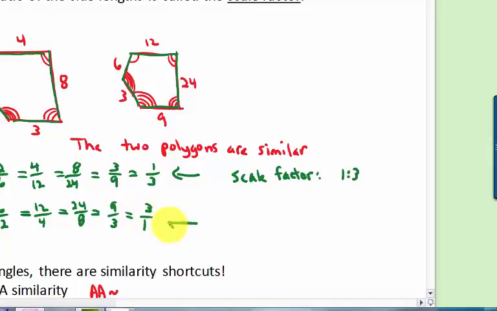If we look at it from the perspective of the bottom, then the scale factor would be not 1 to 3, but 3 to 1. It just depends on how you look at it, like which side length you put on the top. Did we go small to big? If we went small to big, then we went 1 to 3. If we went big to small, then we went 3 to 1.